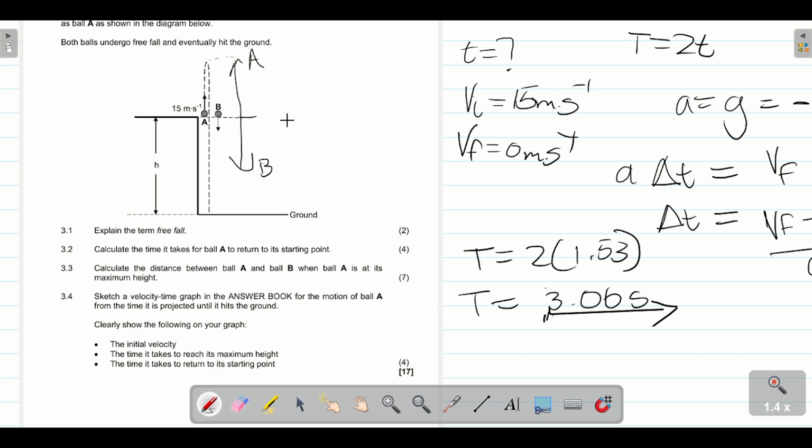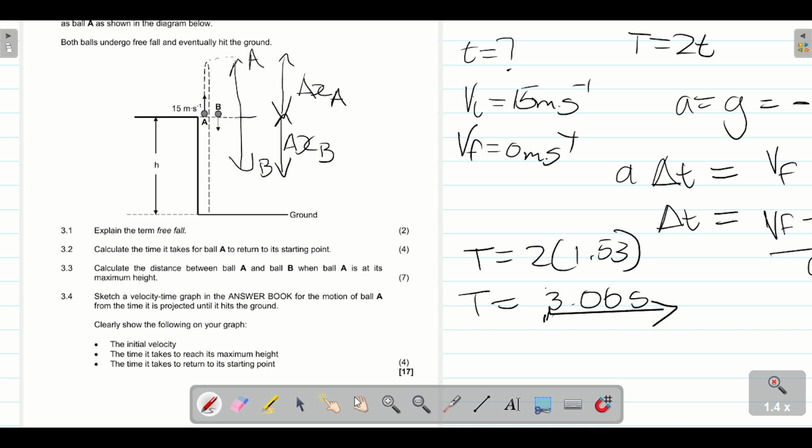So we're going to divide this into two problems and add them together. We're going to calculate delta x for A, and then we're also going to calculate delta x for B, and we'll add them up to get the total distance between the two of them.